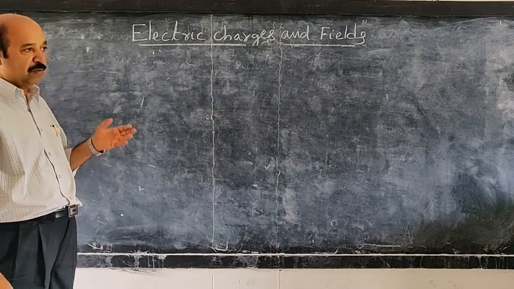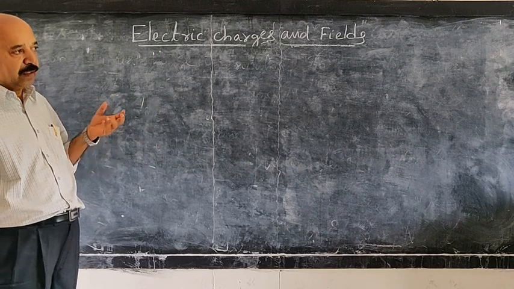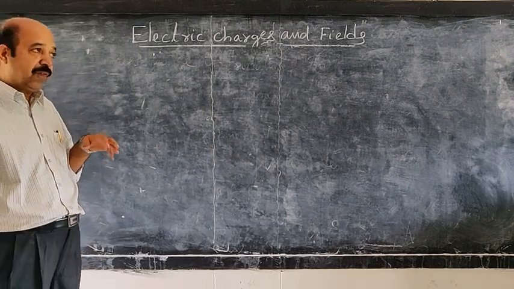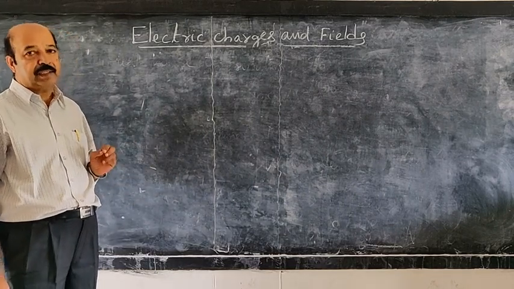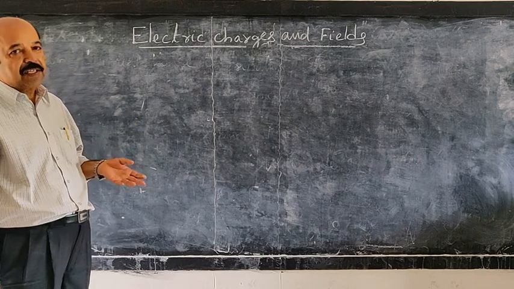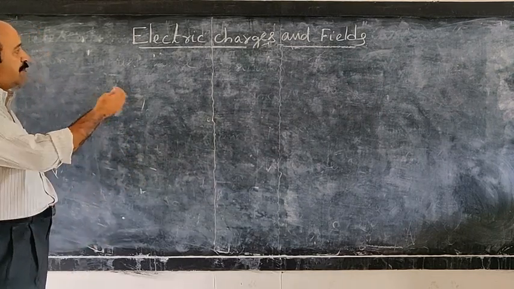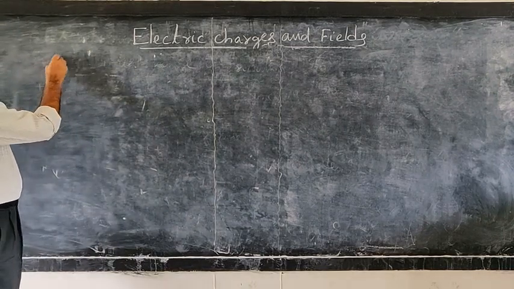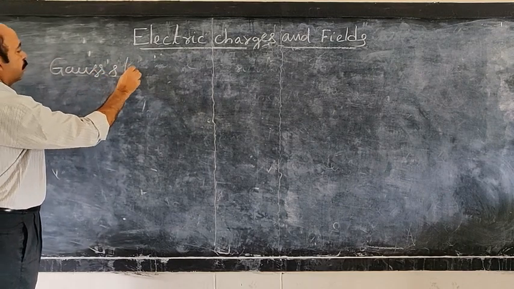So through an area, how many field lines pass through, that we call electric flux. That flux density is defined as electric field intensity. So in any case, the flux density is taken as intensity. And now, first we will discuss what Gauss law is, and then we will go for its application. Gauss's law.